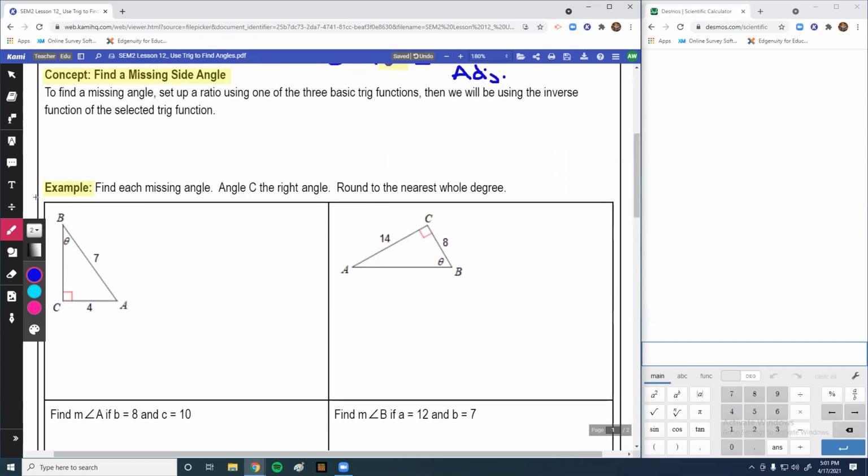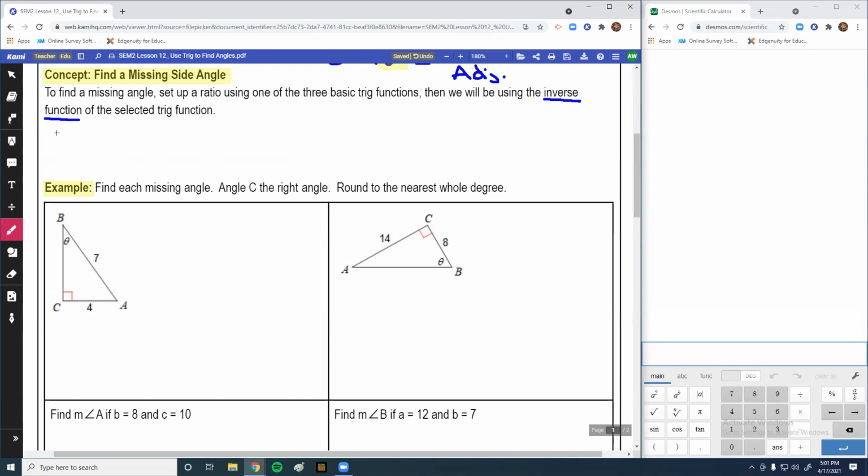To find a missing angle, we're going to set up the ratio using one of the three basic trig functions. Then we will be using what is called the inverse function of the selected one. This is not the reciprocal. This is not cosecant, secant, and cotangent. We're literally going to be using inverse of sine, cosine, and tangent.